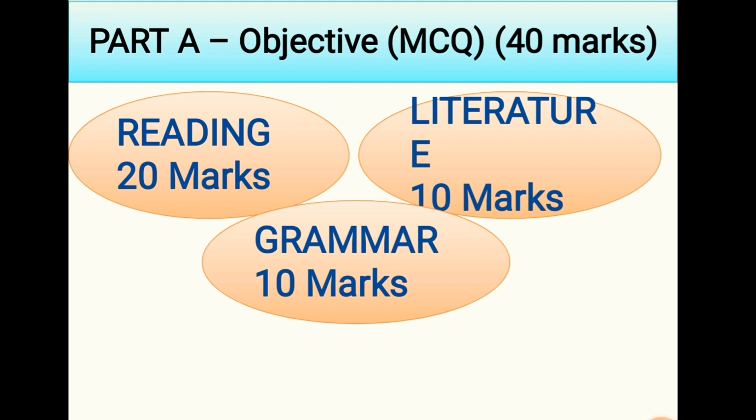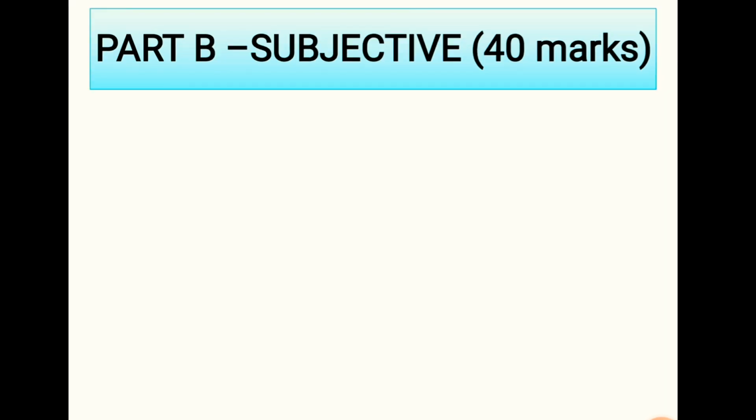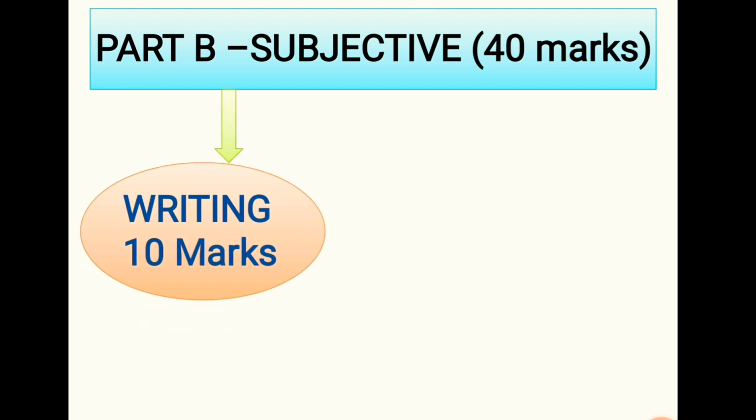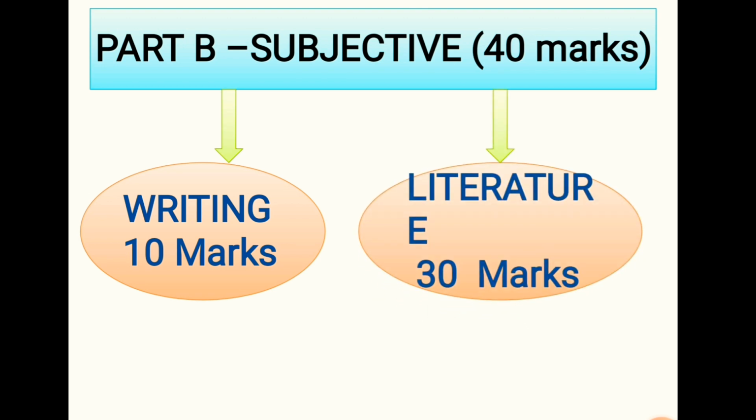Because it is Part A objective, all of these questions will be MCQ kind of questions, multiple choice based questions. Moving to the Part B, subjective part of 40 marks. Here, as the name says subjective, the answers will have to be responded in few sentences. We have writing skill of 10 marks and literature for 30 marks.